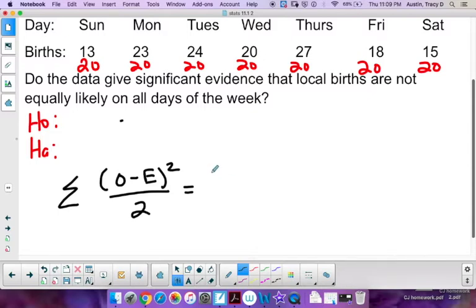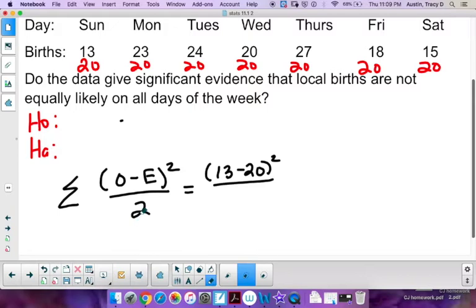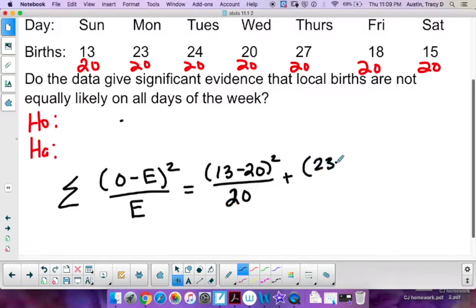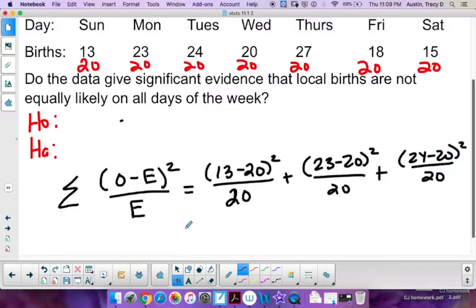So, just to start it out, as far as the setup, 13 minus 20 squared, and that's supposed to be divided by expected, not divided by 2, divided by expected, which would be 20. All right, plus 23 minus 20 squared divided by 20, plus 24 minus 20 squared divided by 20.